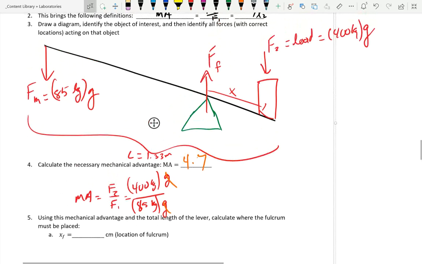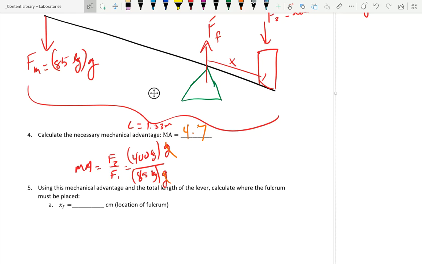Well, what's my other equation for mechanical advantage? So length 1 equals length 2 times mechanical advantage.